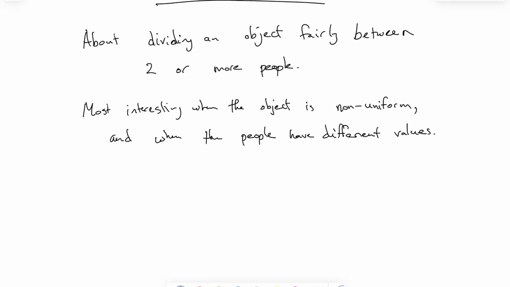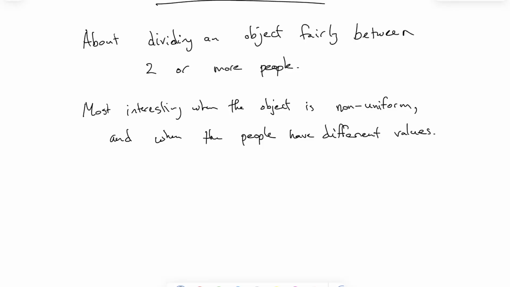If I have a bunch of brownies and I want to divide it fairly between all of us, it is not good enough to just cut them in equal pieces because, anyone know what I'm getting at here with the different values? This is a discussion that always arises when you are sharing brownies with your friends. Some people like the edge, some people like the corner, and some people like the middle, right? So when the people have different values, this complicates matters.